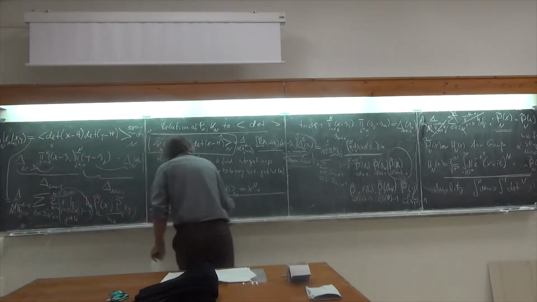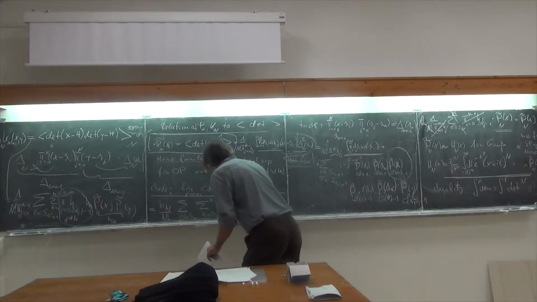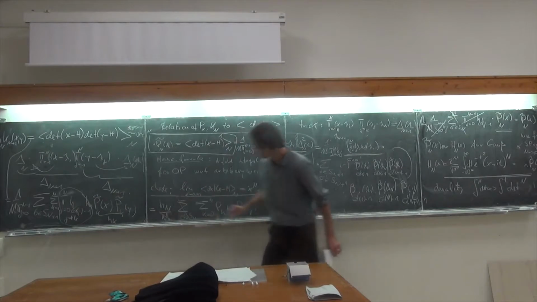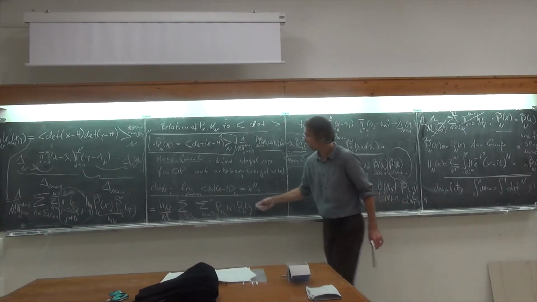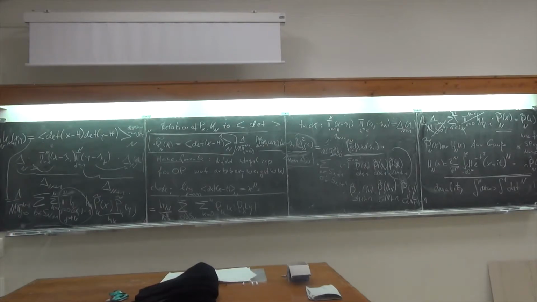And then we have the sum over k from 0 to n, p_k(x) p_k(y), without tilde. Now this will cancel the n factorial, and this times this is just the kernel at n plus 1.